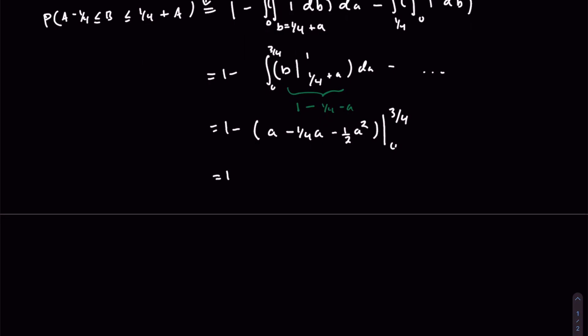Okay, and that is 1 minus 3/4, 1/4 times 3/4, minus half. We have the square, so 3/4 squared is 9/16, like so.